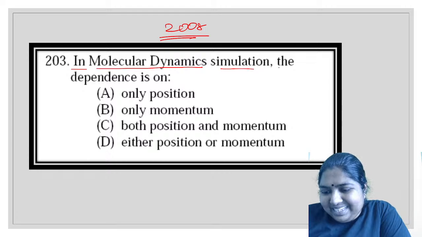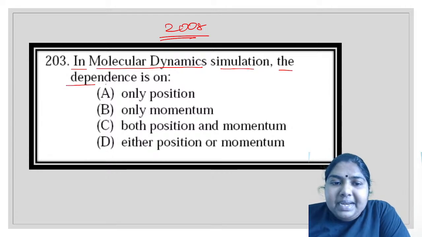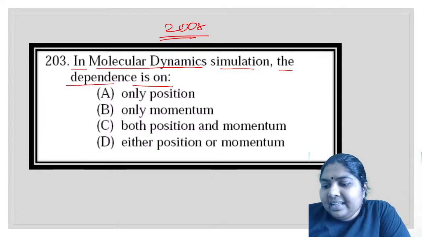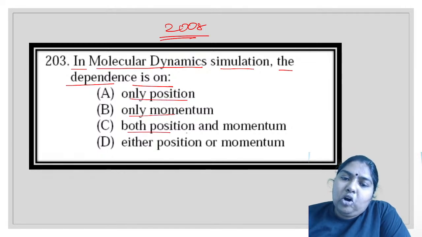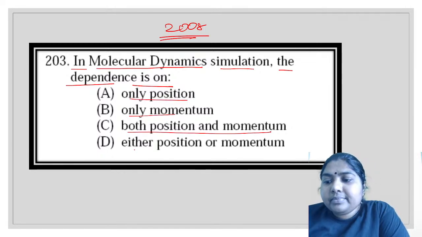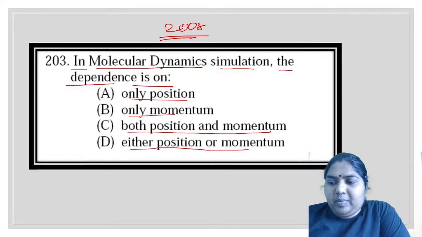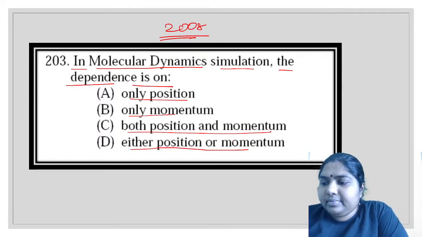Right. Fine. So in molecular dynamics simulation, the dependence is on which of the following? Number 1, only position, only momentum, both position and momentum, either position or momentum. Very good, Kunal.